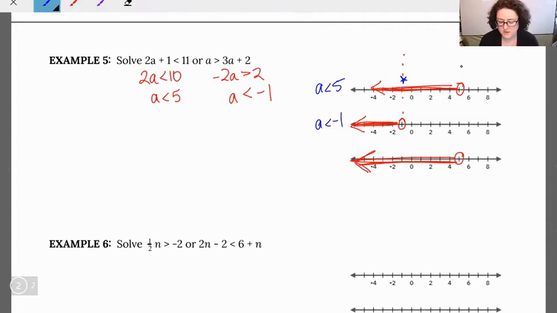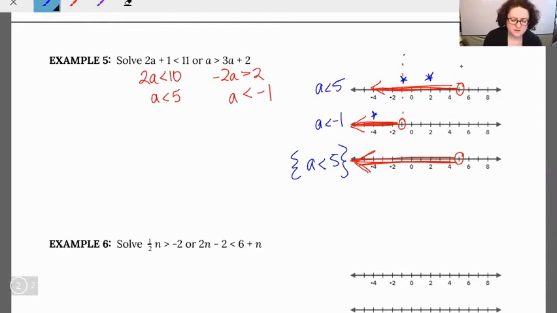So as long as it works on one or the other, we can include it in our solution set. So again, at +2, we would want to include that in the solution set because it's in one of the graphs or the other. If we pick something like -4, it just happens to be in both of them. So our solution set on this one is actually going to be A is less than 5.